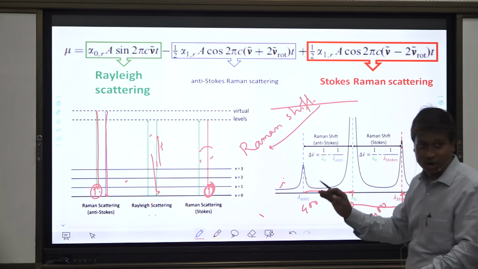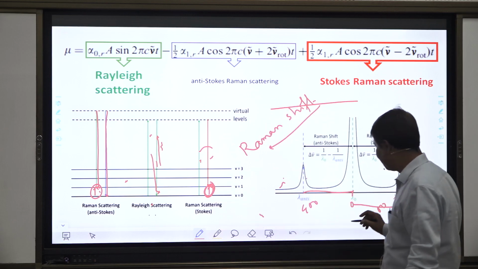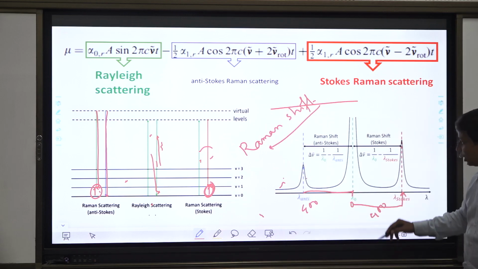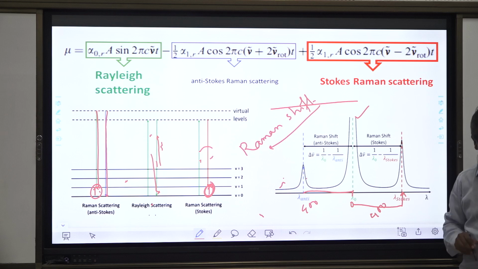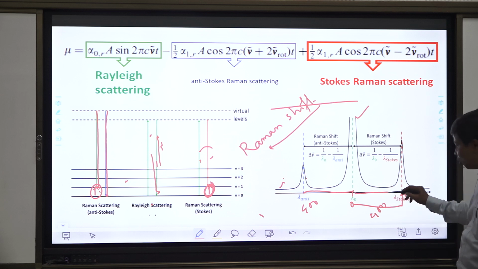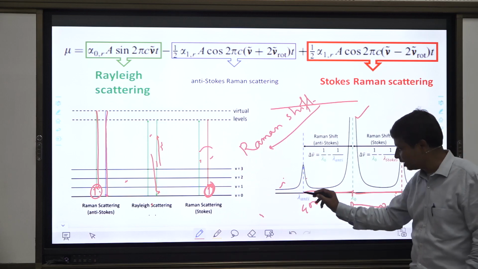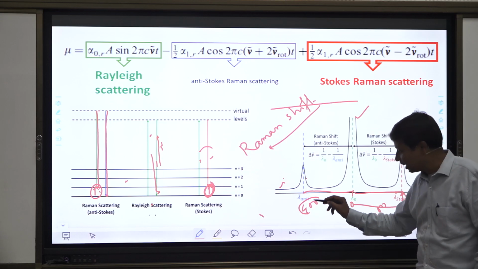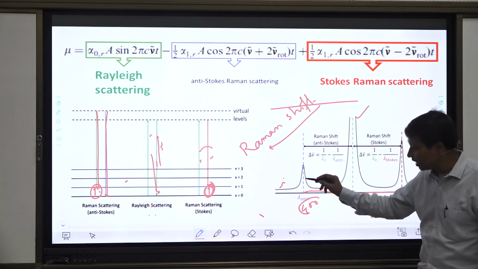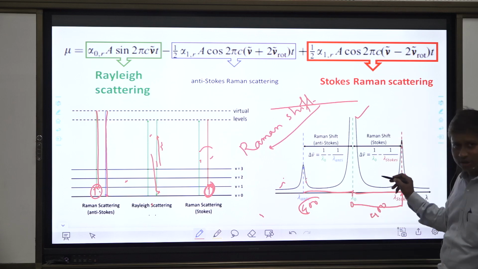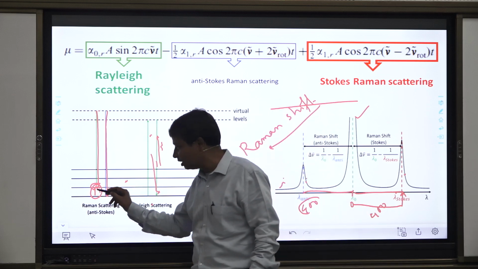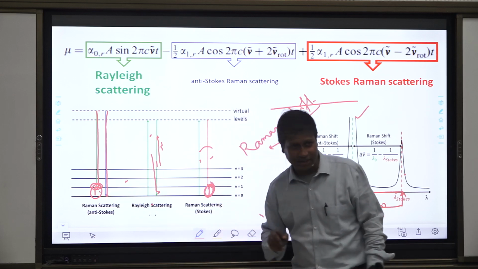It is not directly absorption. So that means in Raman spectrum, you will have a Rayleigh scattering, which is not necessary for us, which has to be eliminated by some filter or somewhere. And then you get a strong band because of the Stokes transition. And then in the negative side, you get the anti-Stokes band. The intensity of the anti-Stokes band will be much less than the Stokes one, because the population of this energy level will be much less than this energy level.